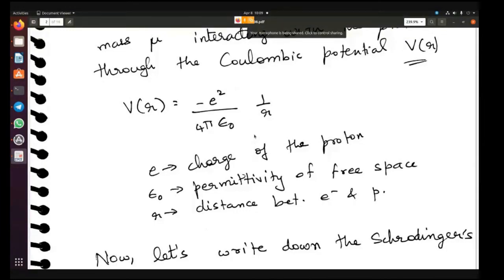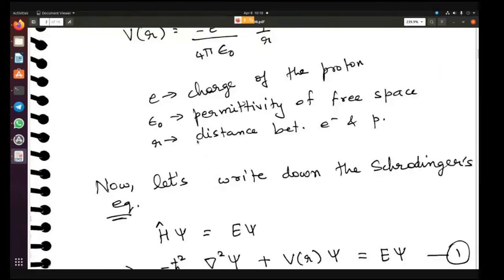That operates on a wave function to give you energy times the wave function. So that is the Schrodinger equation. The only thing that is different is the potential, so we have to take into account the potential of the electron in this hydrogen atom, and now we have to solve the Schrodinger equation. Please stop me if something is not clear.